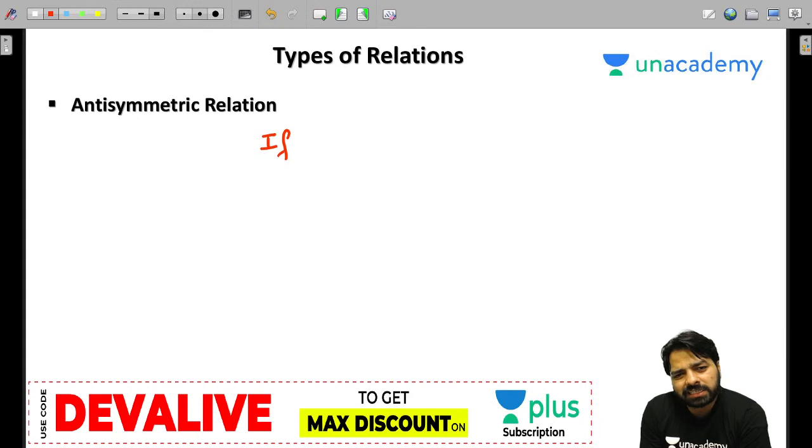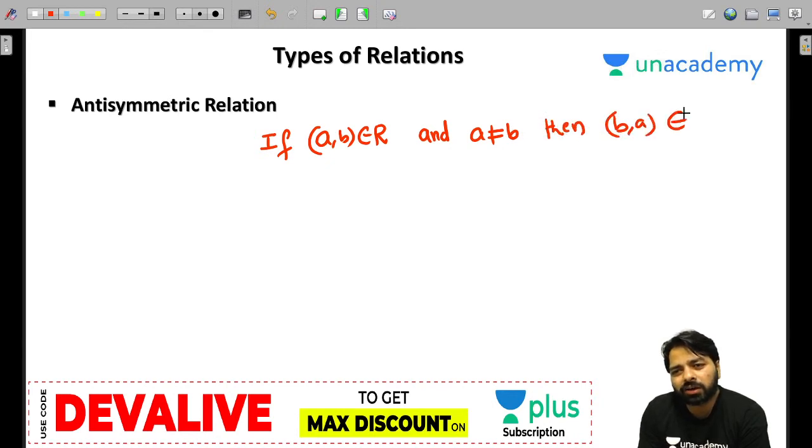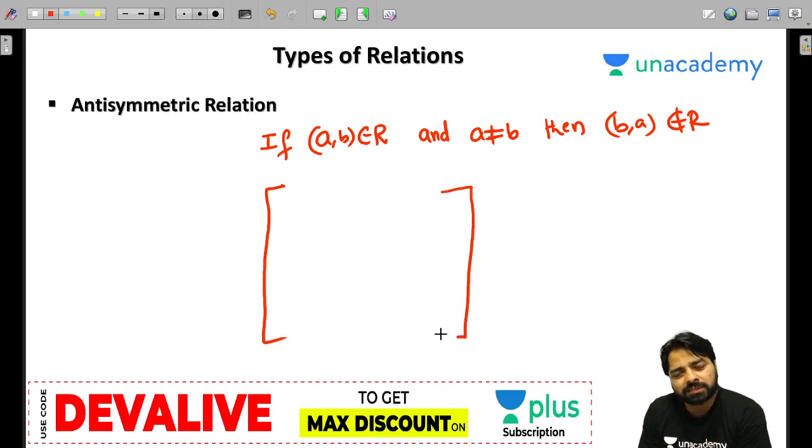Here it's just like asymmetric. If (A, B) belongs to R and A not equal to B, then (B, A) is not in R, meaning for diagonals we do not apply this condition. So when we apply it to diagonals, diagonals may or may not be present.